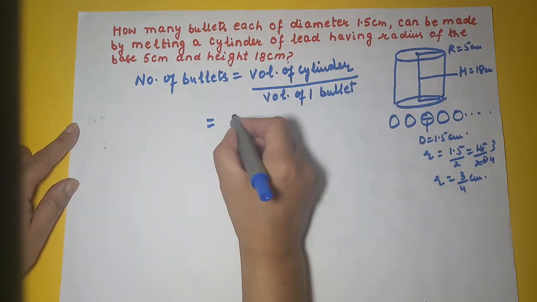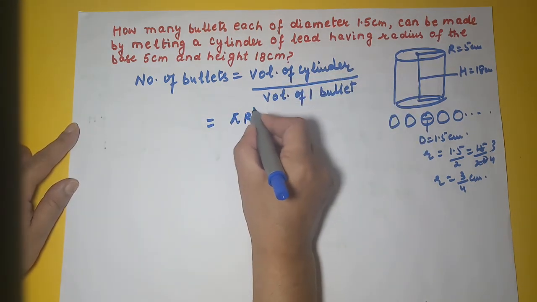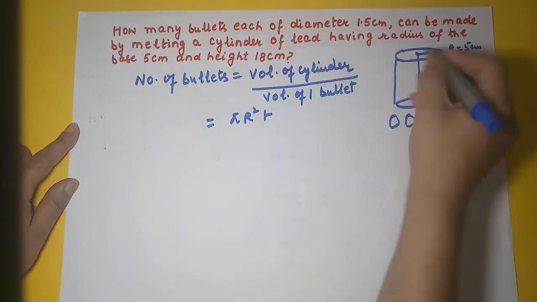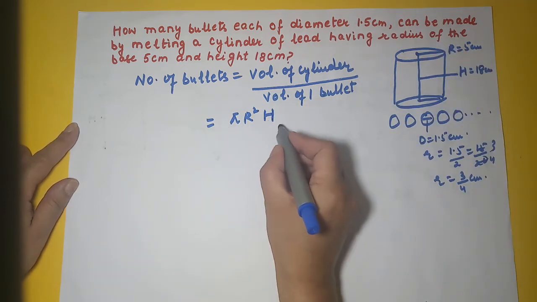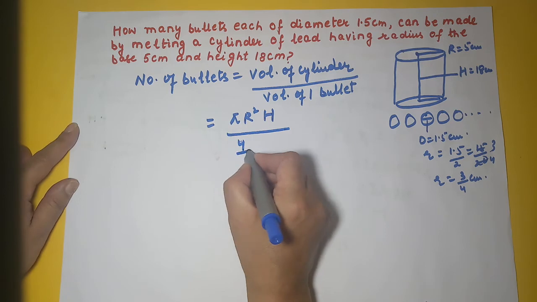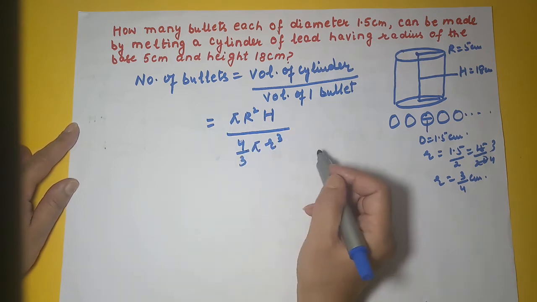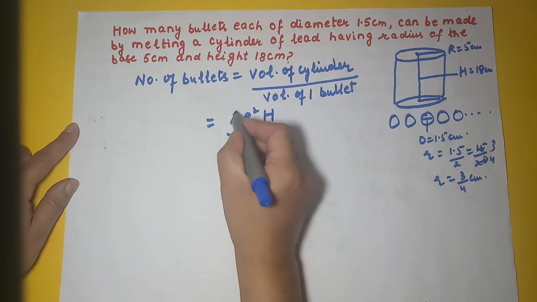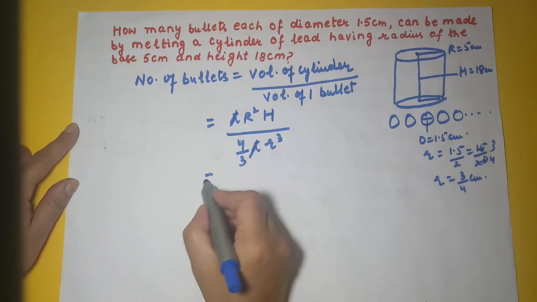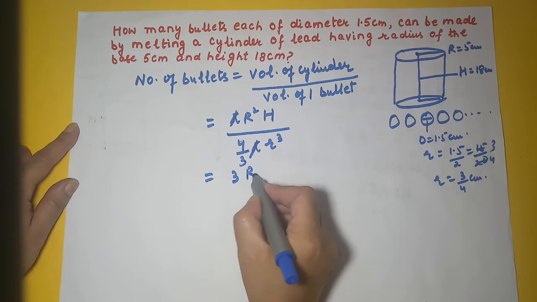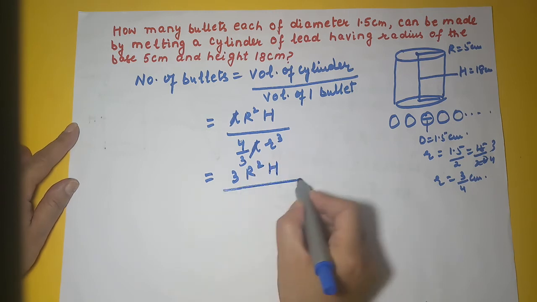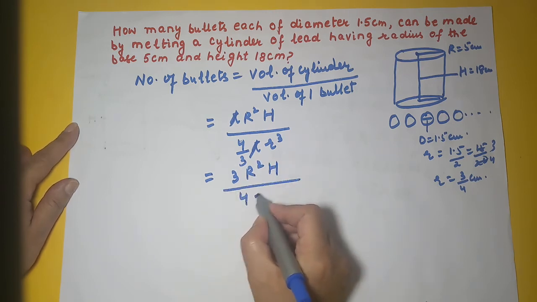Which is equal to, now we know that the volume of cylinder is pi r square h divided by 4 by 3 pi r cube. So pi and pi will go, this 3 will come up, so we will have 3 r square h divided by 4 and r cube.